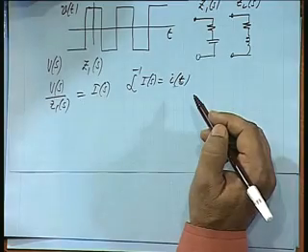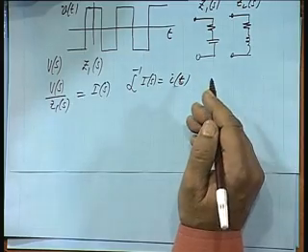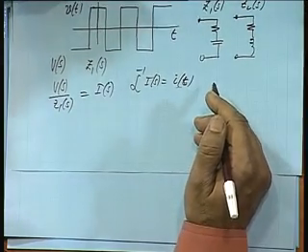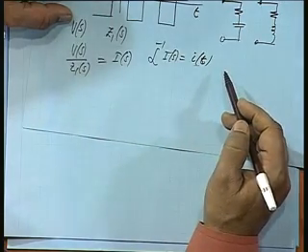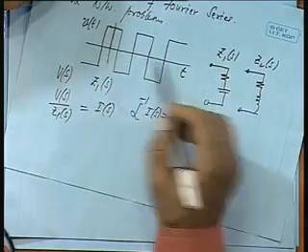Now, we are interested in the steady state value. That means, at steady state, when the transients have died down, what would be the magnitude of this current I(t)?